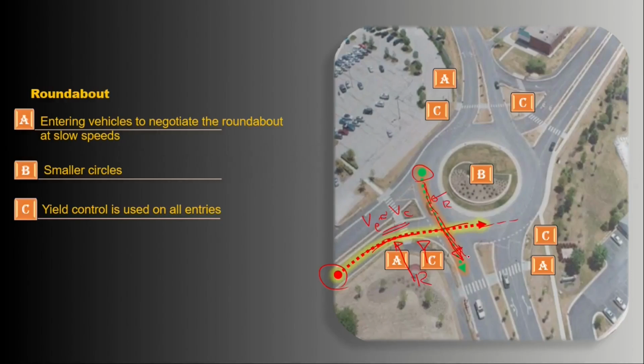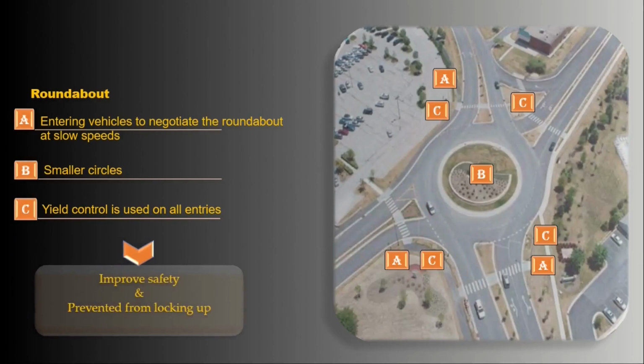The consequence is that the entering movement won't be able to enter the circle until there is a gap of sufficient length between circulating traffic, which prevents the circle from locking up.